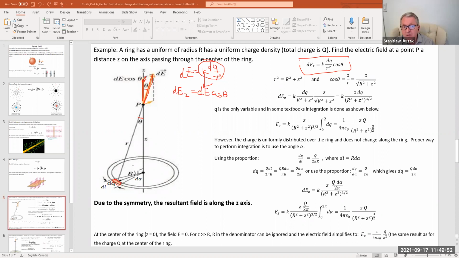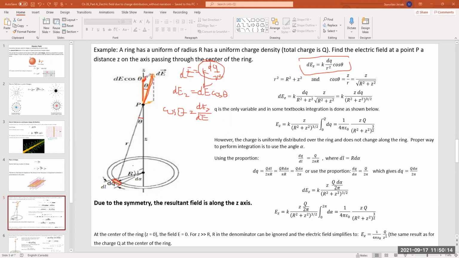Right, and cosine is adjacent, which is dEz, divided by the hypotenuse, which is dE. So cosine theta, of course, is that component of the electric field dEz divided by dE, which is the hypotenuse. Oh, yeah.